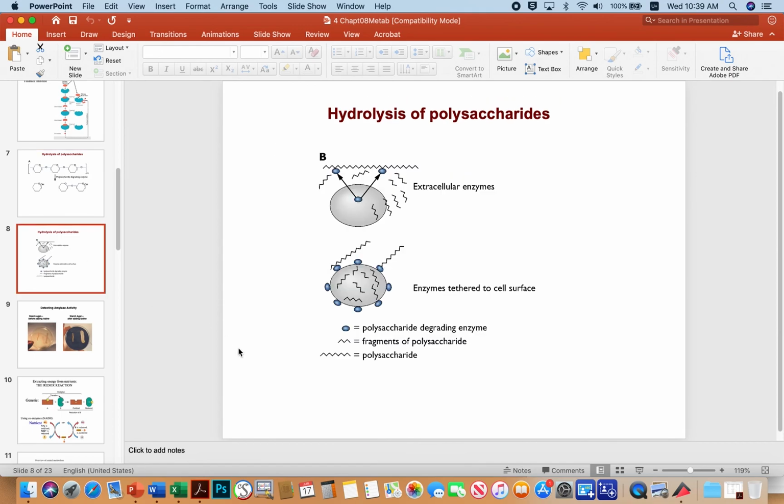So here's a representation of two different types of ecological outcomes for these enzymes. In this particular case, the microbe is producing an enzyme that goes out into the world and chops up polymers that exist in its vicinity. So imagine a soil bacterium eating some polymers.